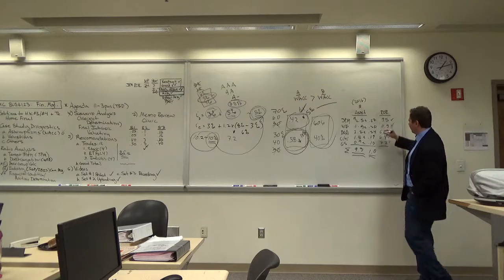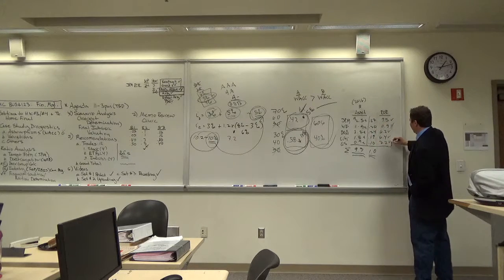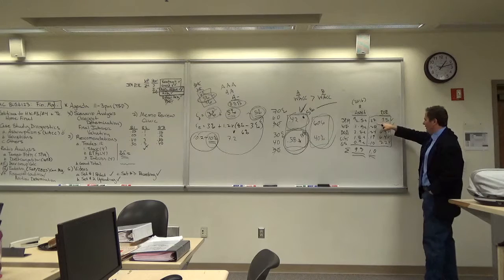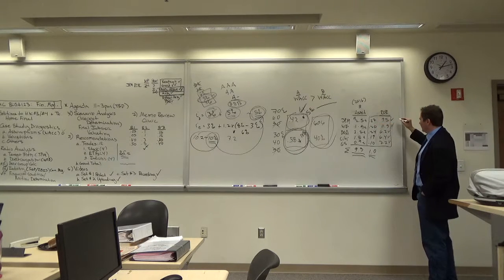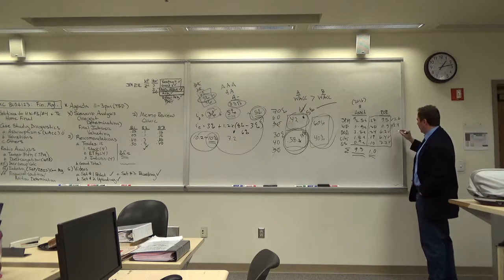Okay, now we got the weights, and we got the ROE. So what is 9.5 times 0.27? 2.6. And what is 11.9 times 0.2? 2.4. And what is 6.2 times 0.24? 1.5.